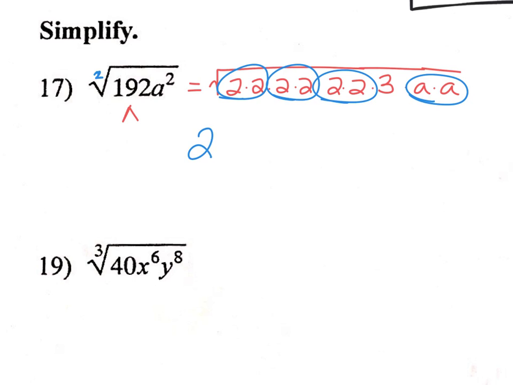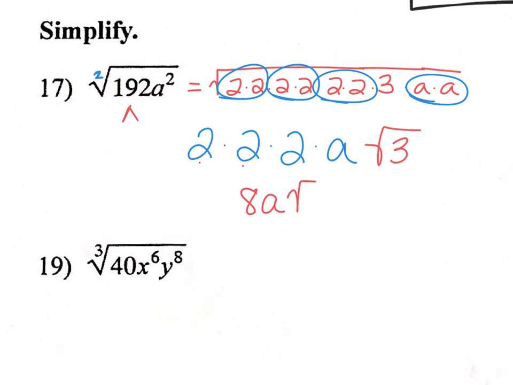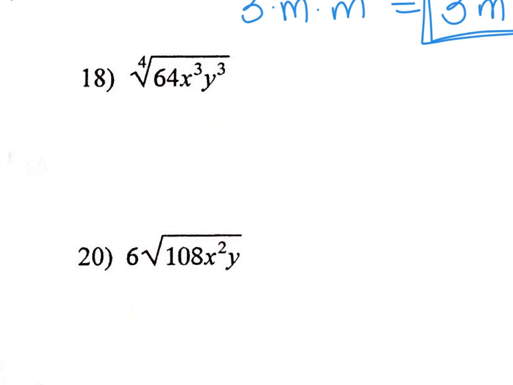That means I'm going to pull out whole numbers: 3 whole number 2's, an a, and a square root of 3 is left over. And when I put all of that back together, 2 times 2 is 4, times 2 is 8, so 8a square root 3. Some of you are even really good about writing the little 2 in here. Just make sure it looks like it's in the corner and not part of the a.